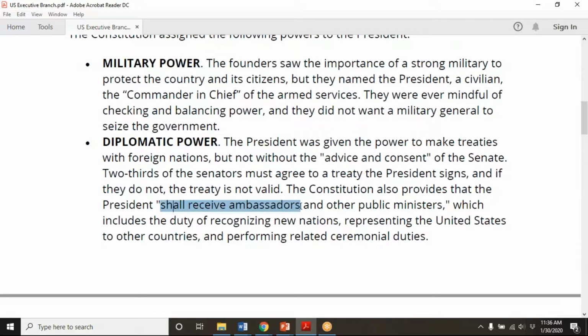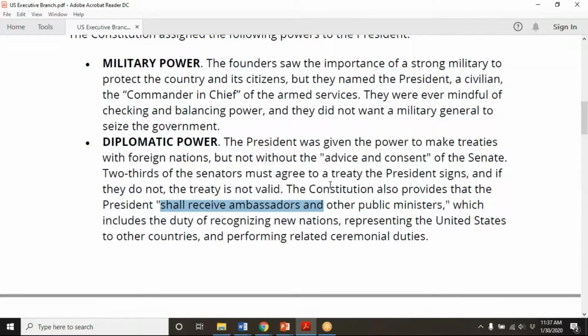He shall receive ambassadors from other countries, but he also appoints ambassadors to other countries, who are representatives of the United States in that particular country. He appoints those people, but then the Senate has to approve them. So the president can do some things, but always with the Senate kind of holding a leash a little bit, holding him back, or making sure that what he's doing is agreed upon by the Senate. So it's those checks and balances, the balance of power.